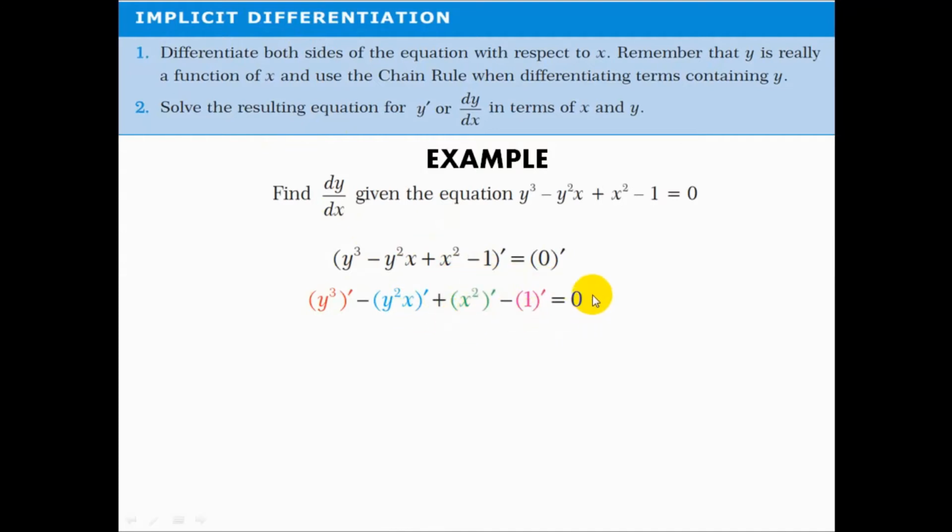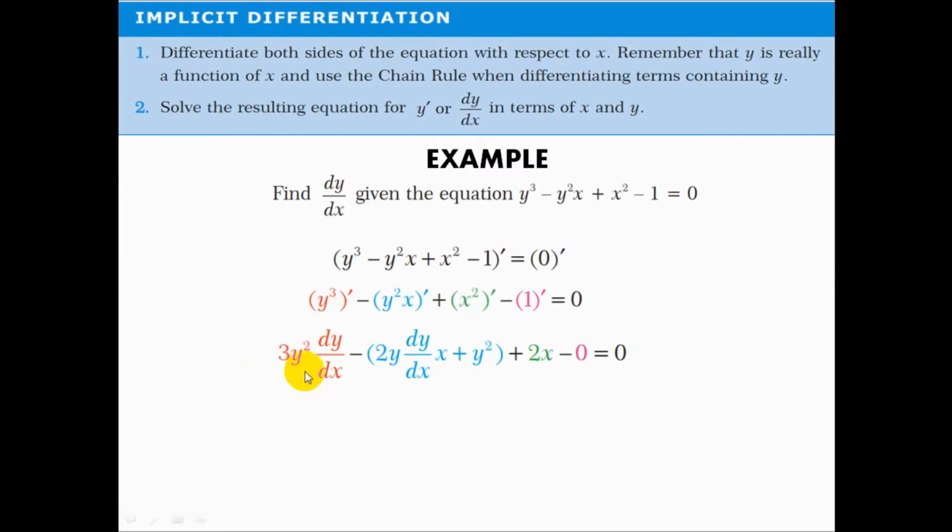So we get 3y squared times dy over dx, because first we differentiate y cubed as usual: 3 times y to the power 3 minus 1, which is 2, times the derivative of y. The derivative of y we can write as y prime, or dy over dx.